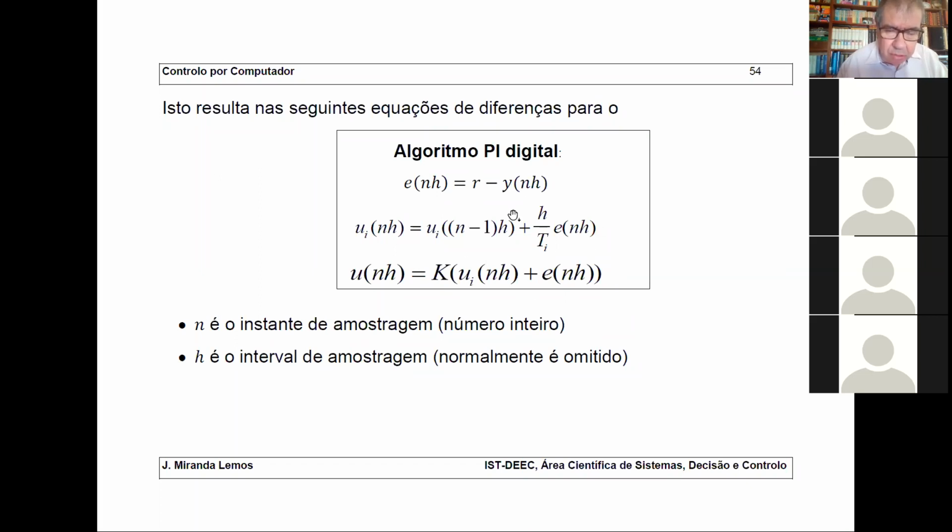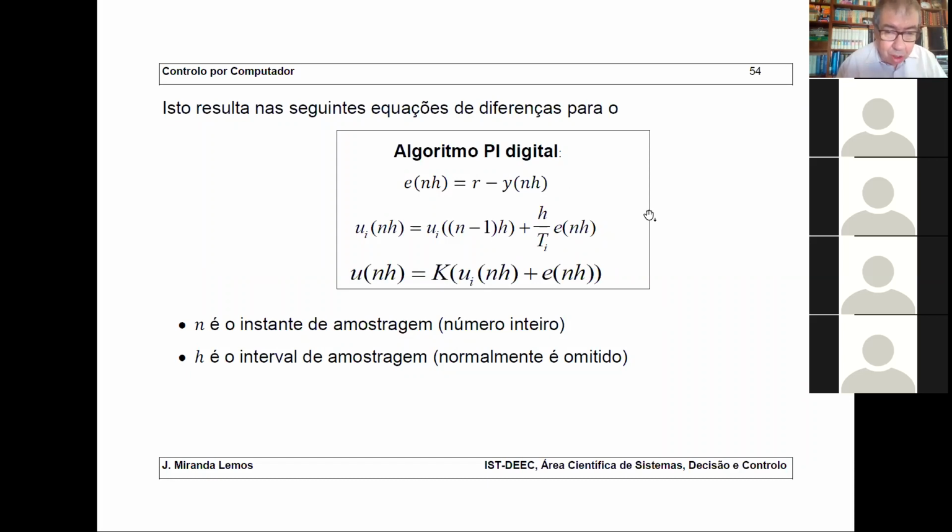Of course, you have to design K, TI, and the sampling interval. The sampling interval is something that you have to be careful with. Later, we will discuss the choice of the sampling interval. So the algorithm is of interest in itself.